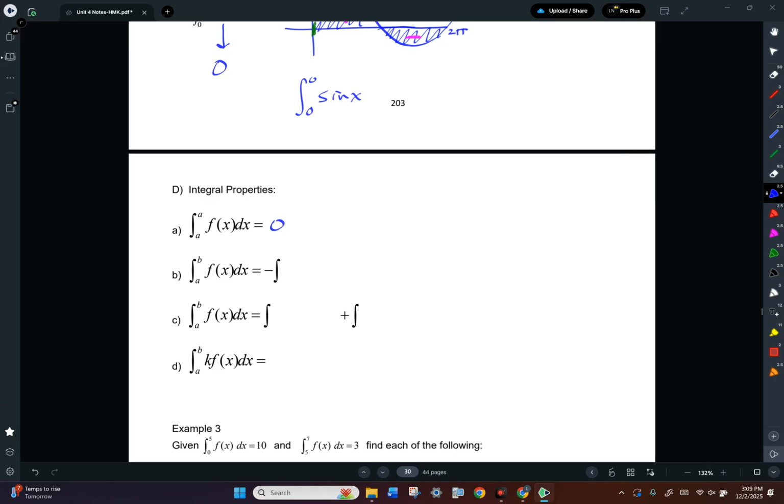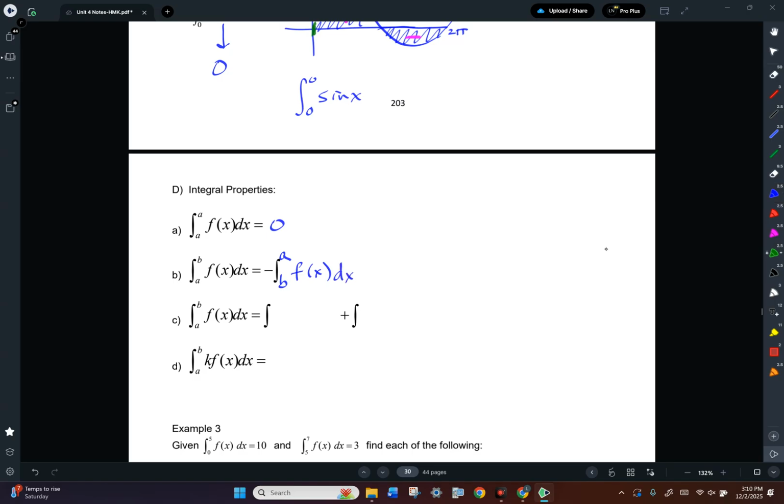Okay. The integral from a to b, if you want to, you can pull a negative out in front, which sounds strange, I know, but that would be the same as the integral from b to a of f of x. It's just a notation thing.